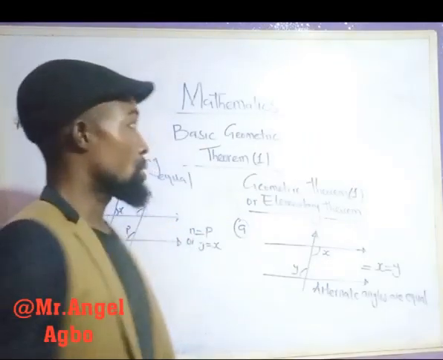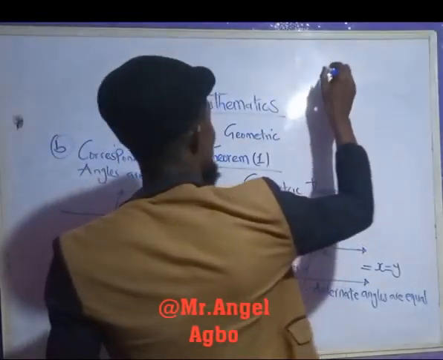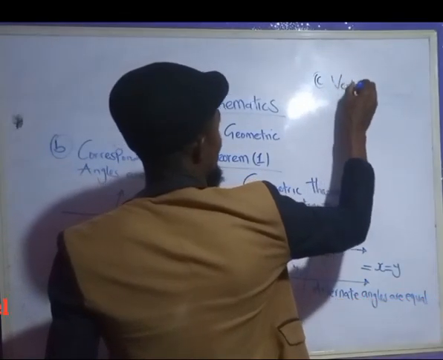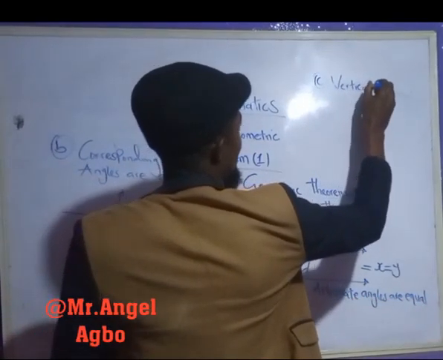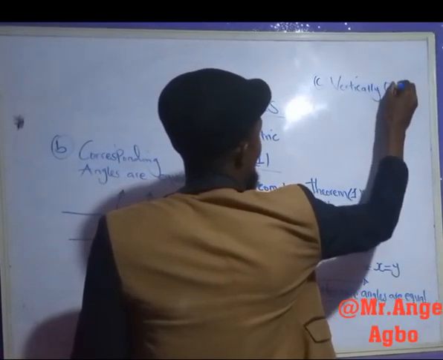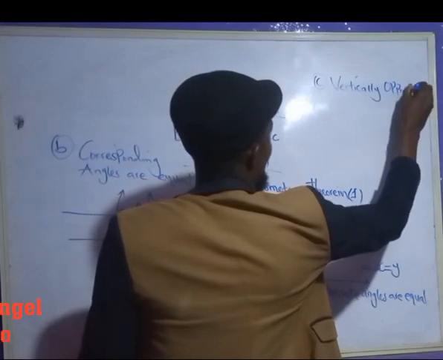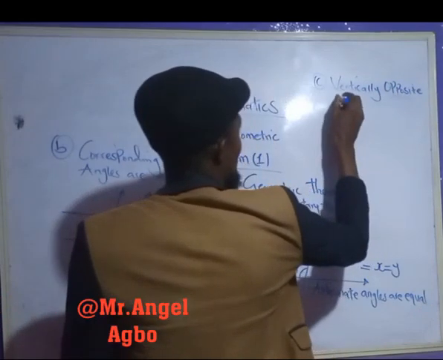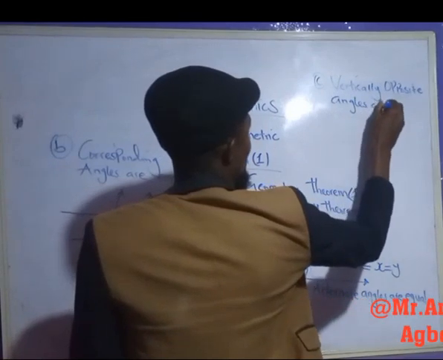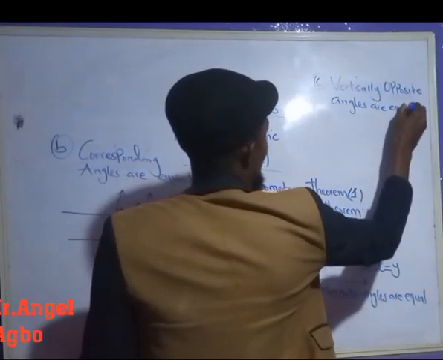That is C: vertically opposite angles are equal.